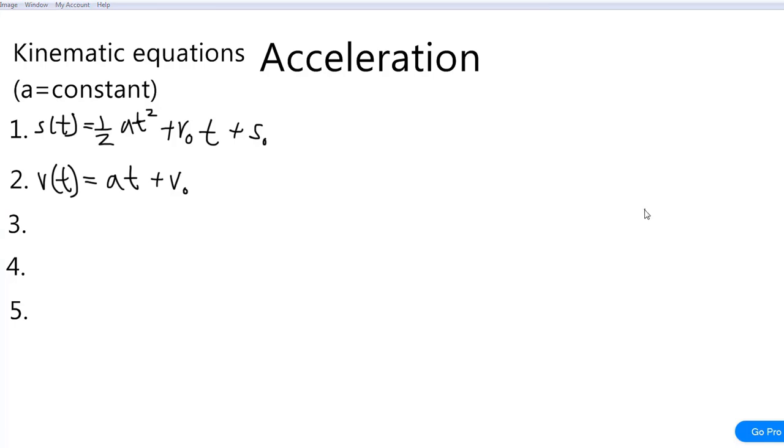Okay, so now for the third kinematic equation, we're going to have to do a little bit of messing around with derivatives. So now, a is just a constant, really the definition of a is dv dt.